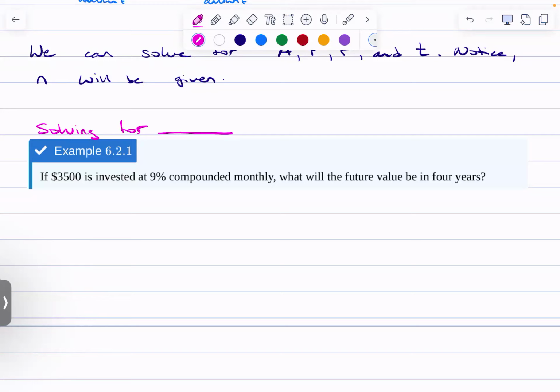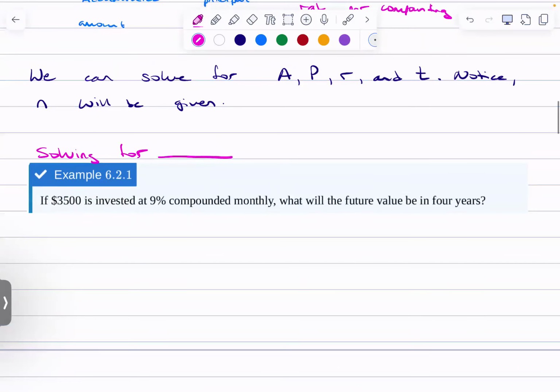And it'll be an example where we solve for one of those 4 values. If $3,500 is invested at 9% compounded monthly, so that's how it'll be given to you. What will the future value be in 4 years?